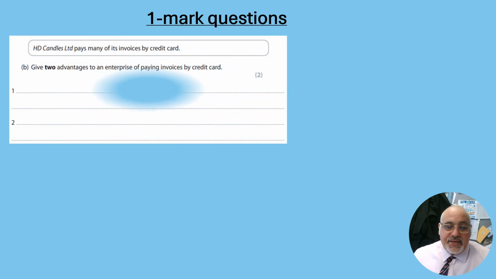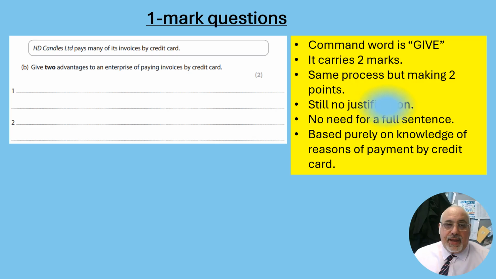So here is another typical 1-mark question. Although the question carries 2 marks, it requires the same process as a 1-mark question, but you're just making 2 points. The reason I've put this question on is because you need to take note of the question.